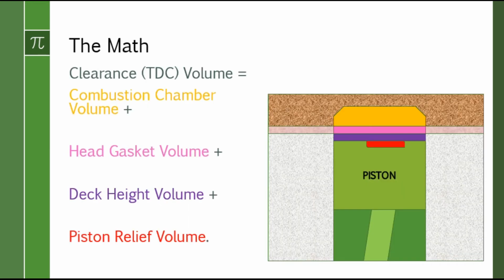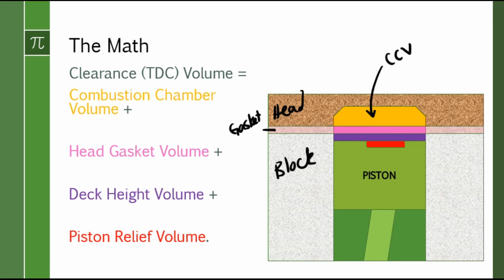So what goes into the clearance volume? Swept volume, we already know how to calculate. We're going to have the combustion chamber volume. So here we have our head, here we have our block, here we have a gasket. So we have a combustion chamber volume right here. I'm going to call that CCV for combustion chamber volume.